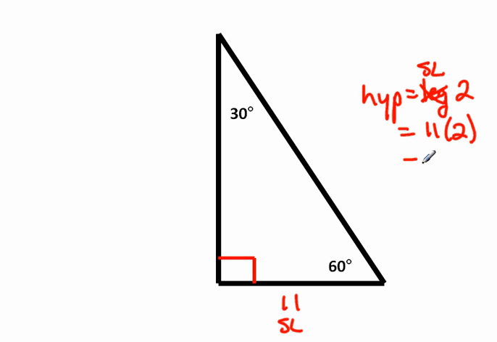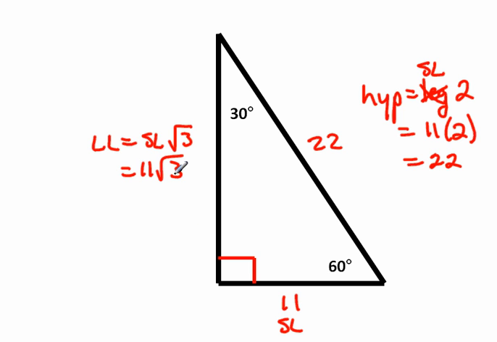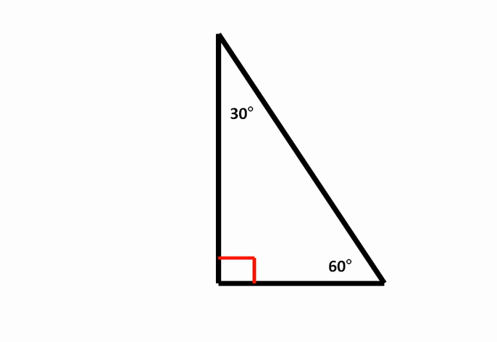So now my hypotenuse is equal to 22. So this length here is 22. The hypotenuse is always going to be twice what the short leg is. Okay, so now what I want to do is find the long leg, and I know the long leg is the short leg times root 3. I know that the short leg is 11, so this ends up being 11 root 3.